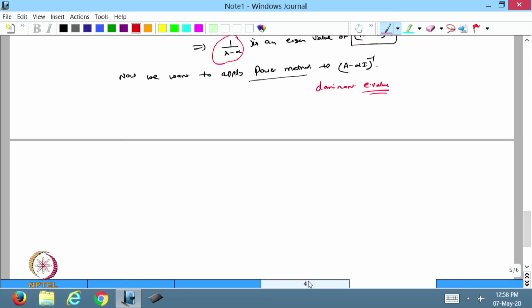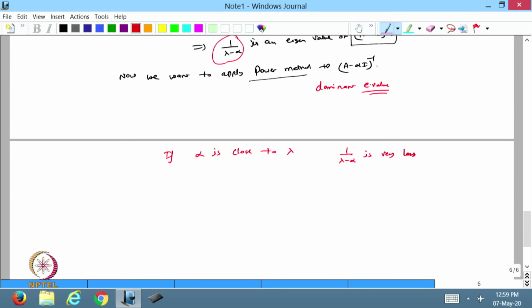So, in this case we want that if alpha is close to lambda, and we are taking real valued eigenvalues, then 1 over lambda minus alpha is very large.